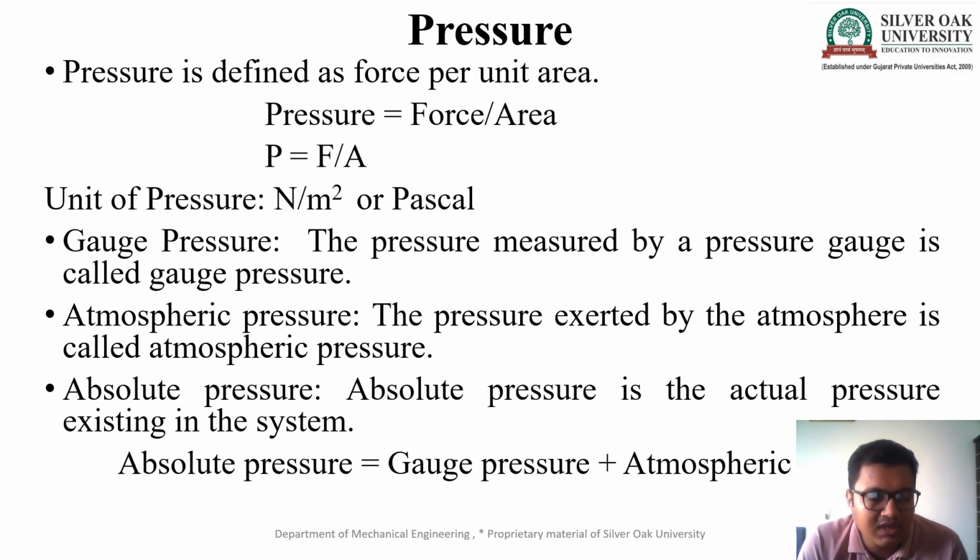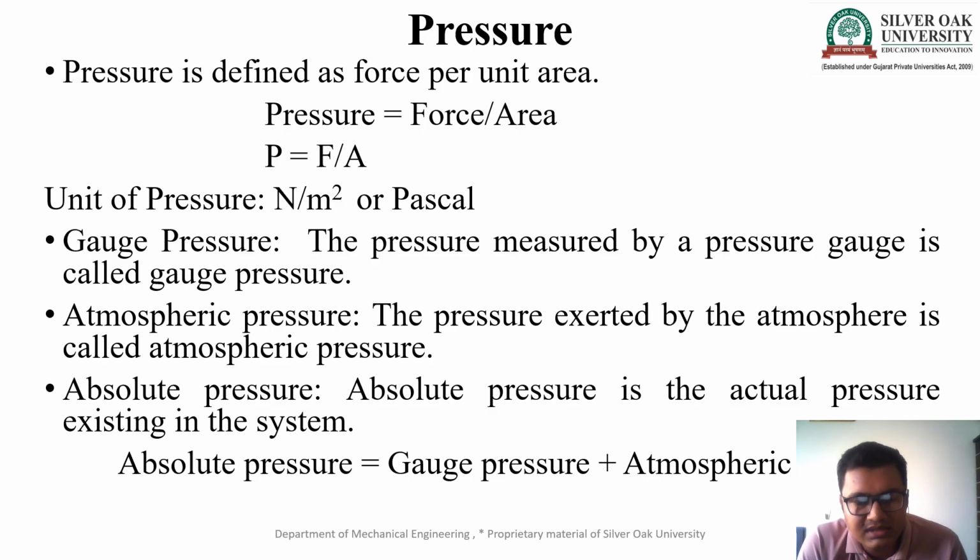Now there are three very important pressures for this subject: gauge pressure, atmospheric pressure and absolute pressure. What is the difference between these three? If the pressure is measured by a gauge, it is called the gauge pressure.